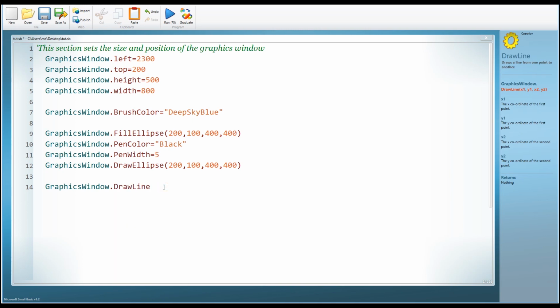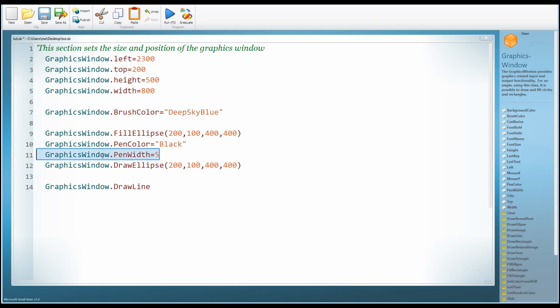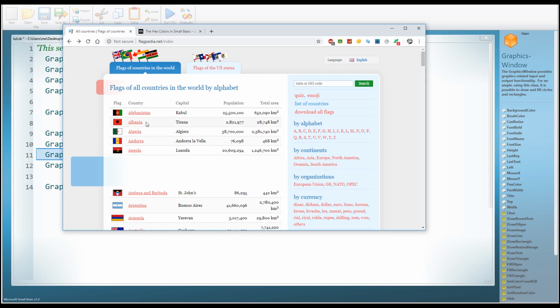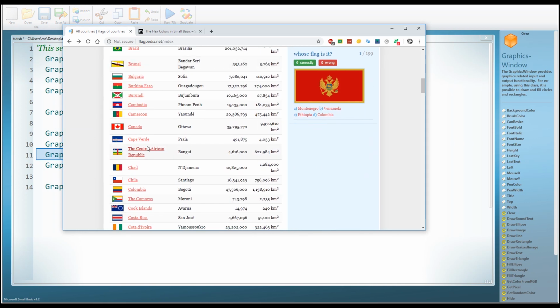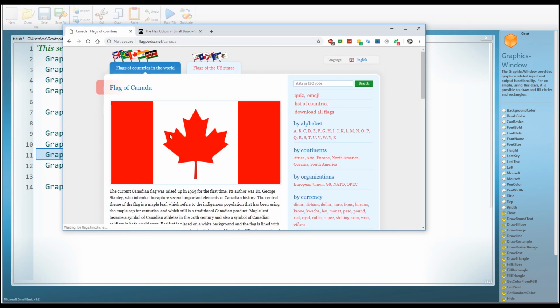You've also got the draw line, and this draw line again you see has these 4 coordinates, so the X and Y coordinates of one end of the line and the XY coordinates of the other. So if you were to have the pen width set fairly thick, then you could start to draw some of these more detailed ones that you've got, like I showed you just now. You could even have a go at something like the Canadian flag, which would perhaps be a combination of triangles that are overlapping each other.